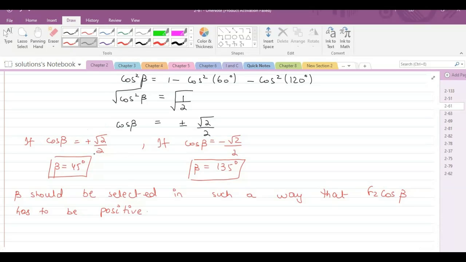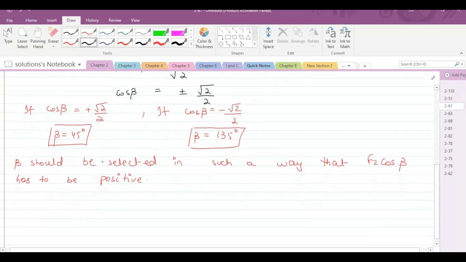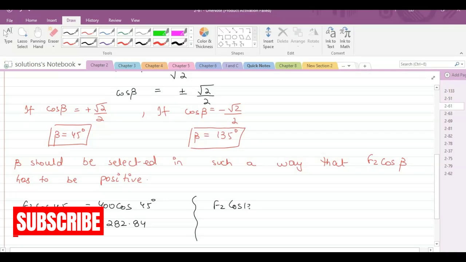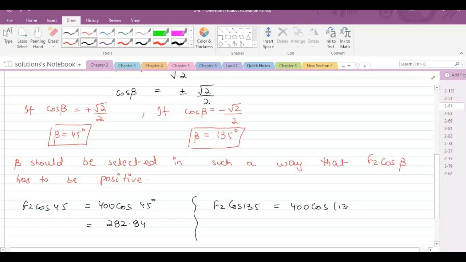So we can try both of these angles one by one. If I consider the 45-degree angle, then F2 cos 45 is 400 cos 45, and it would give me a positive answer, that is 282.84. And if I select the 135-degree angle, then it would be 400 cos 135, and that would give me a negative answer.